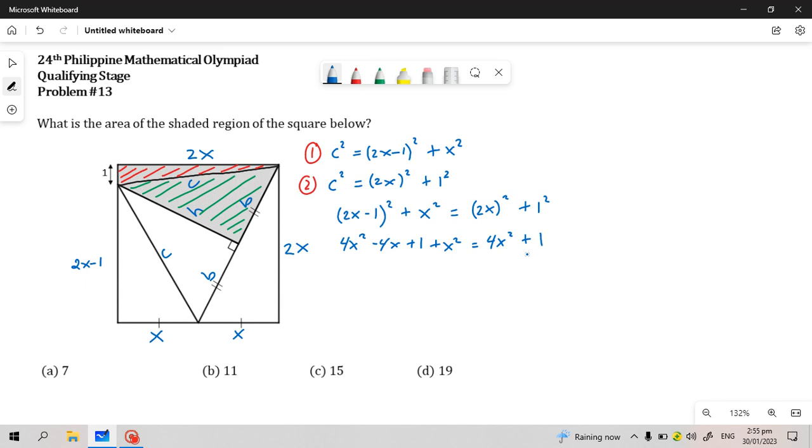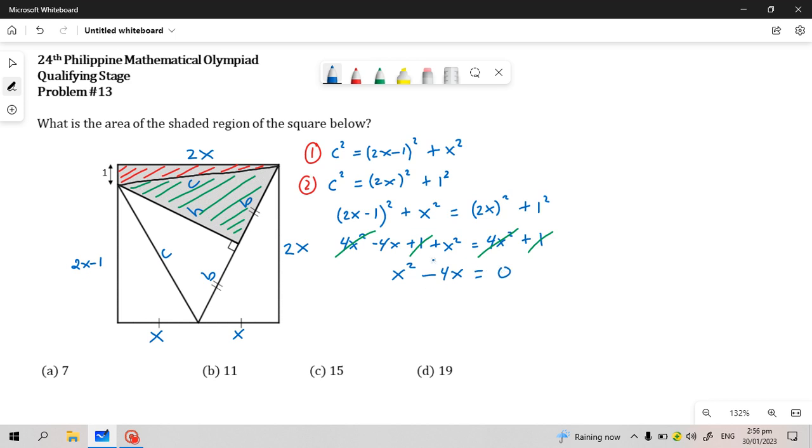For example, we can have 4x squared minus 4x squared, so that's 0 already. What else? 1 minus 1, that's 0. So the remaining expression is just x squared minus 4x. So now we have x squared minus 4x equals 0.